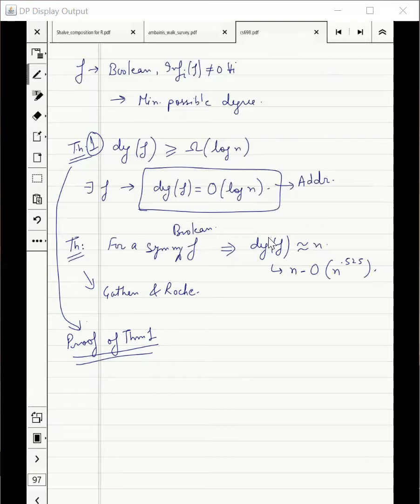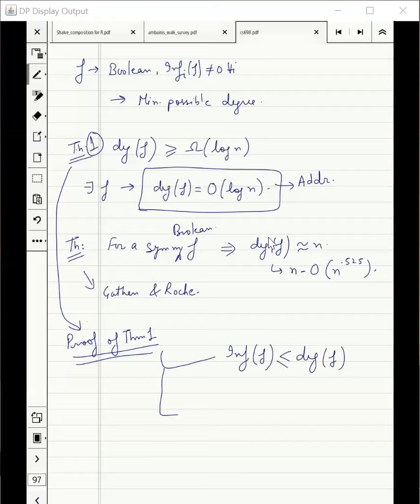Okay, yes, we want to do the proof of the theorem, and the condition is clear. There is a function which depends on every variable. If its influence is non-zero, then the degree is order of log n. The proof requires two important facts. First is that the total influence of a function is less than or equal to its degree.